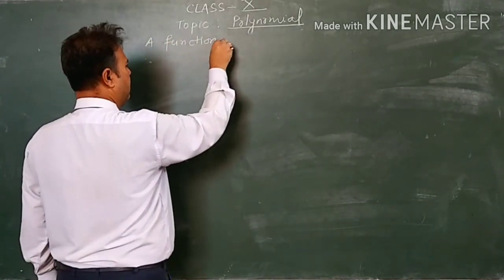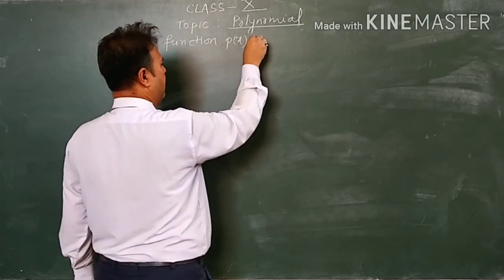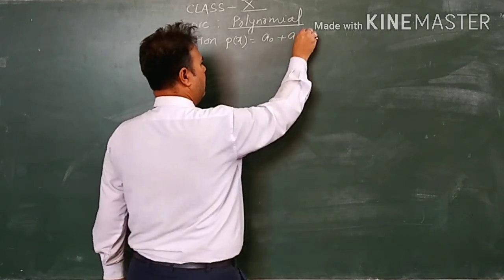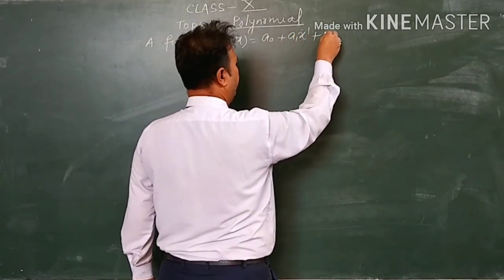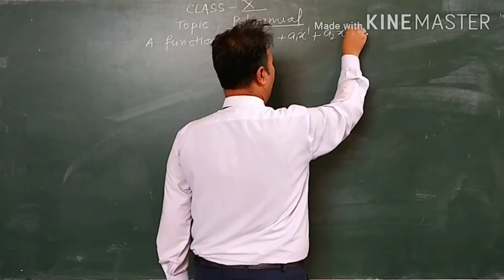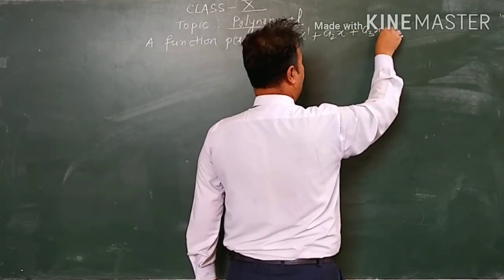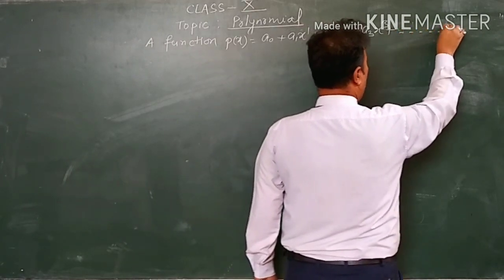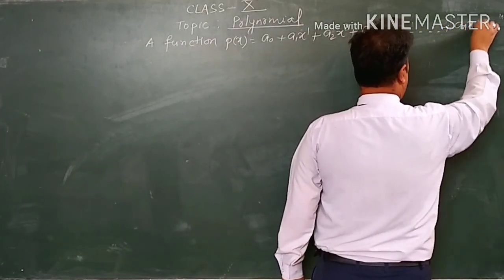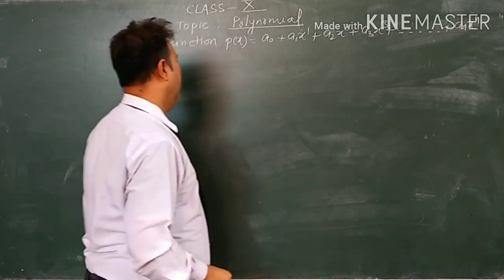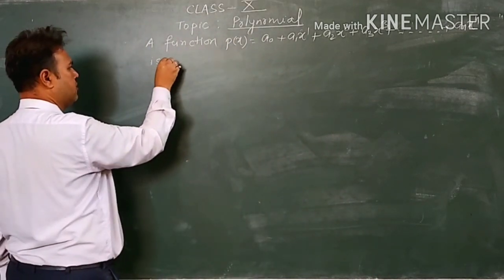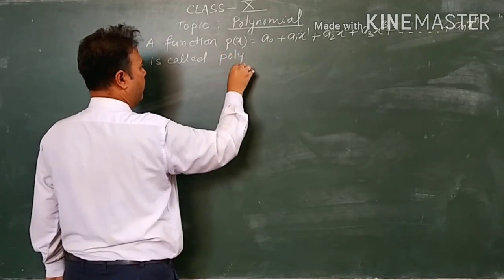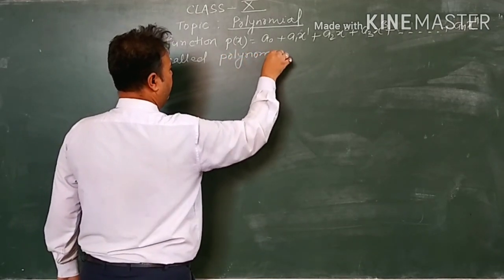A function p(x) equal to a0 + a1 x to the power 1 + a2 x to the power 2 + a3 x to the power 3 + ... + an x to the power n is called a polynomial.